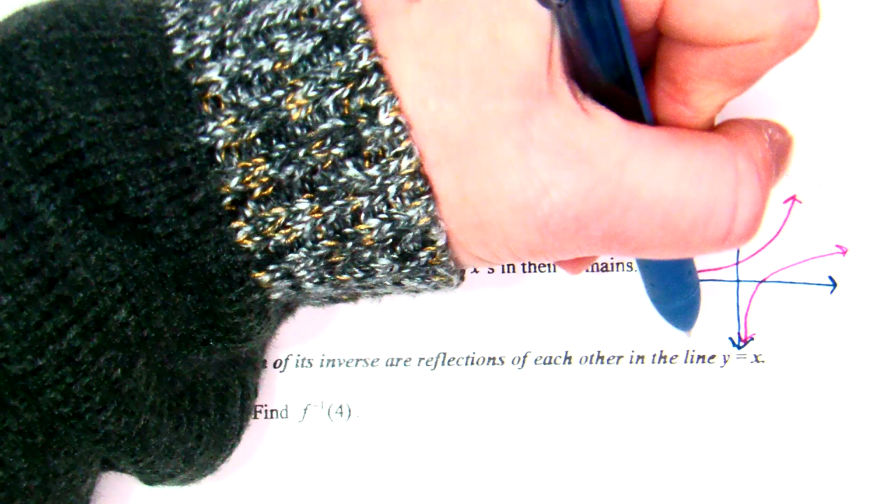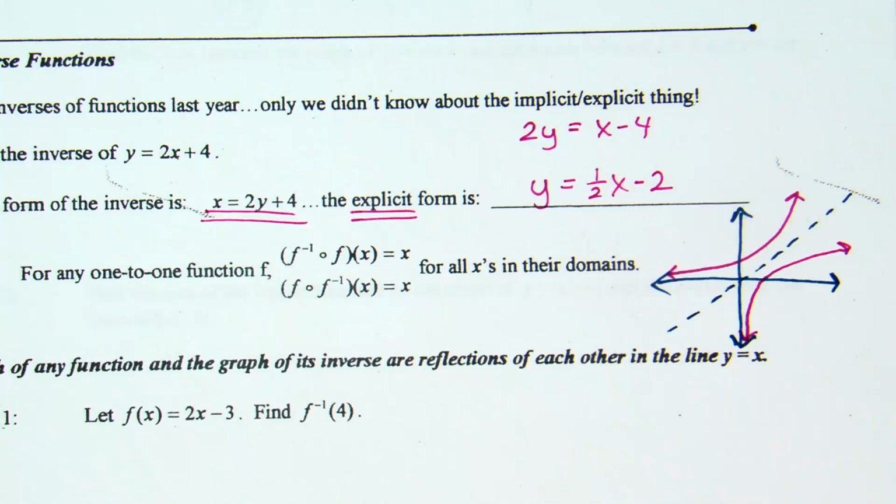What's the line y equals x? It's that perfect diagonal line that goes through 0, 0, 1, 1, 2, 2, and so on. So that's a good way to remember how your exponential function and your log function relate.